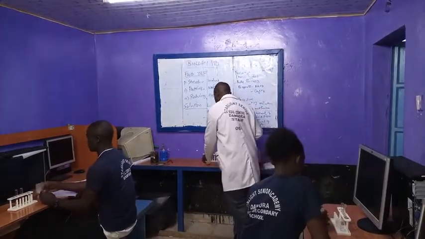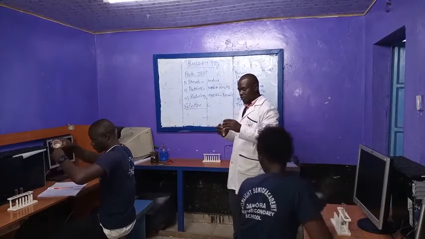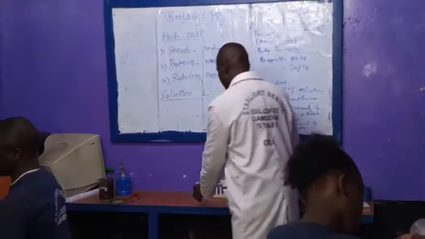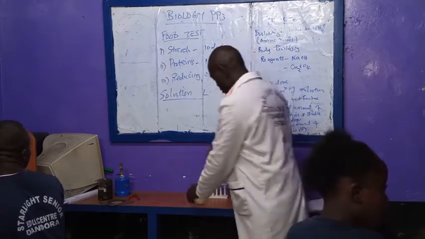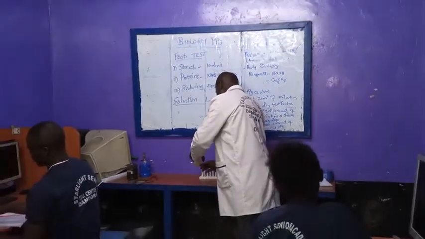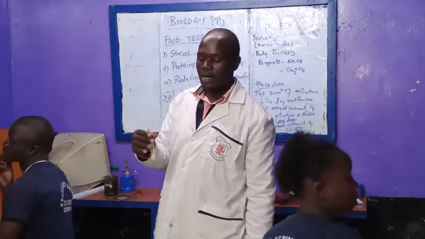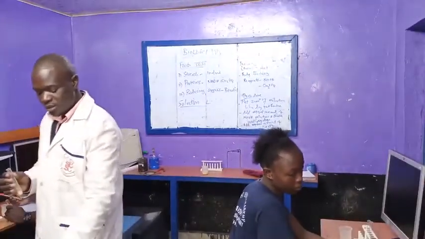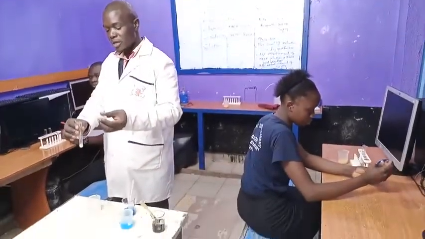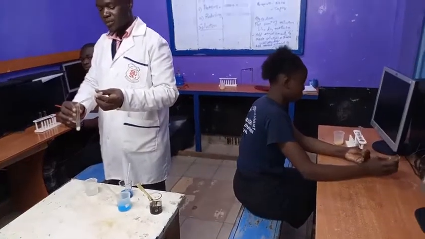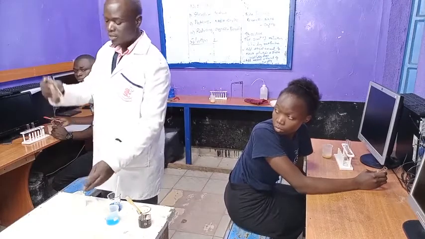So to the remaining test tube, you put 2 cm cubed of the food or solution L. Then we are going to add equal amounts, not 2 to 3 drops, but equal amounts of sodium hydroxide solution.